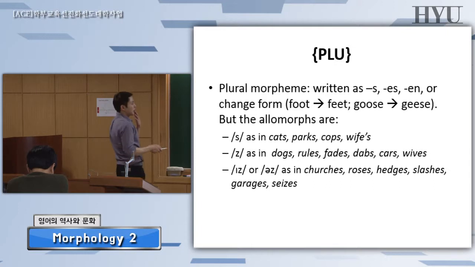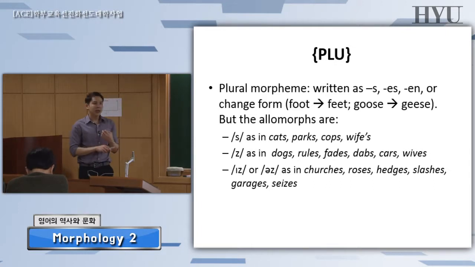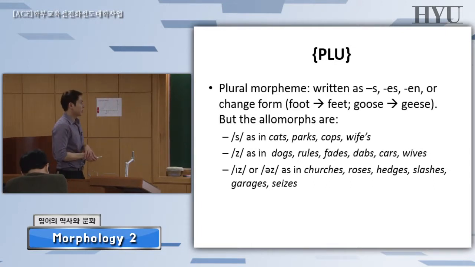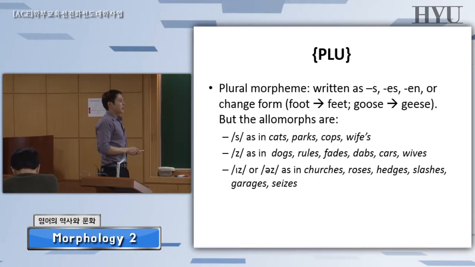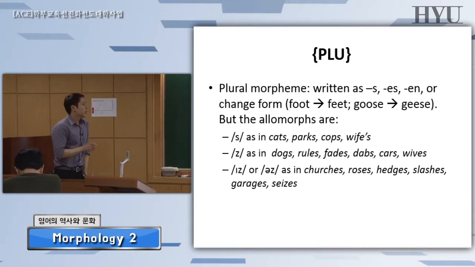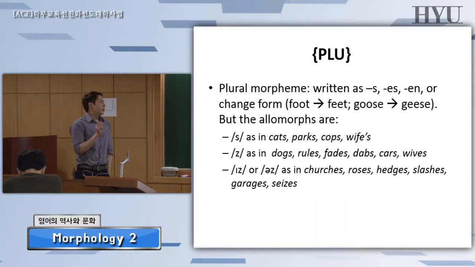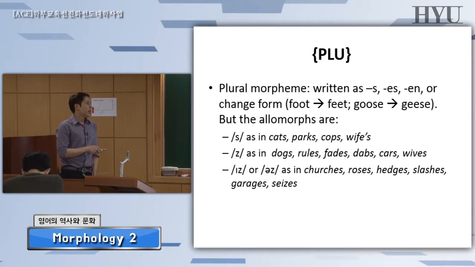Now this one is important, and I will have this on the midterm. The plural morpheme in English: we write the plural morpheme as S, you add S after dogs or cats, like that, or ES, right? S or ES, or EN as in ox, oxen, child, children. Or change the form, foot to feet, goose to geese, like that.